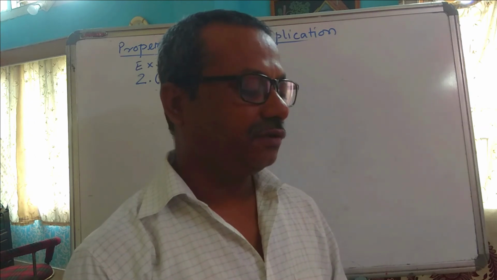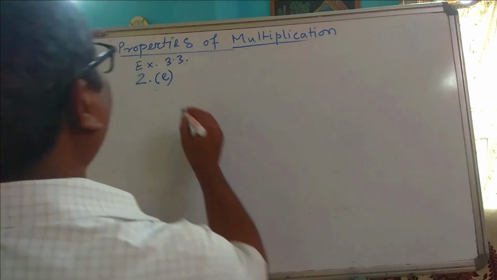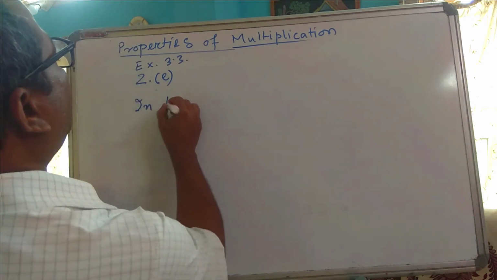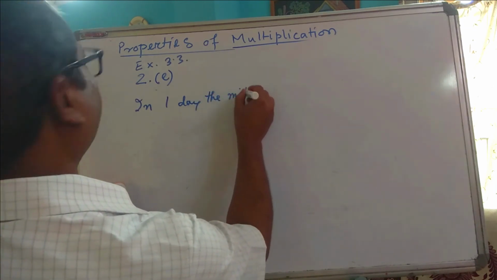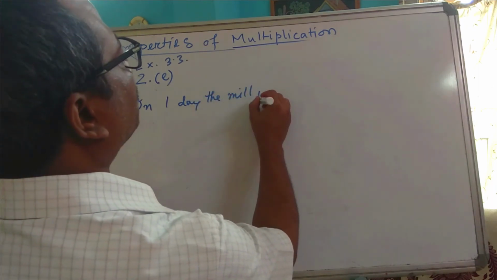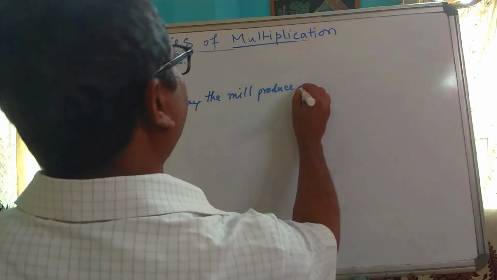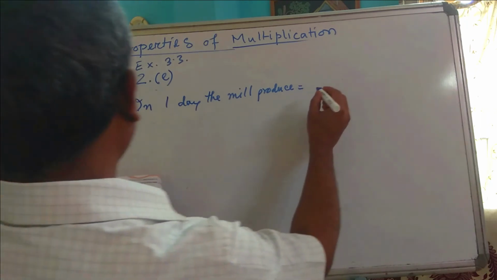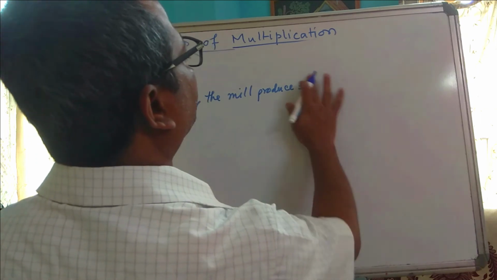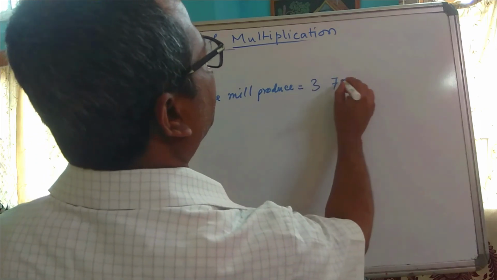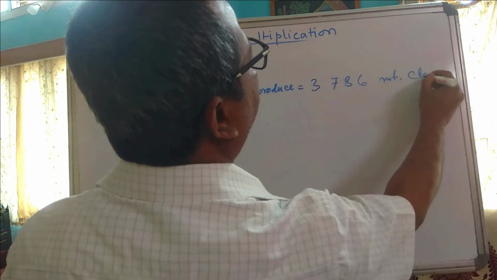To find it out, we have to multiply the numbers. In one day, the mill produces how much? 3786 meter cloth.